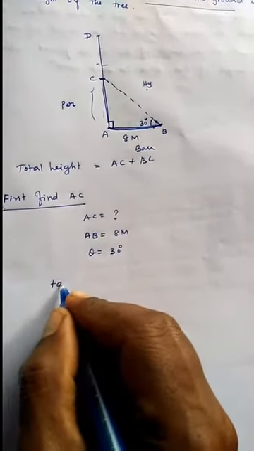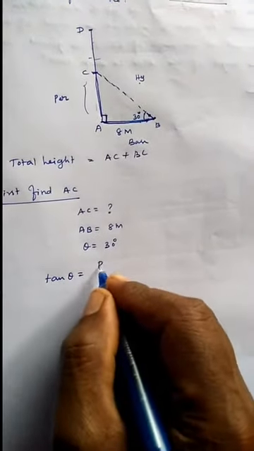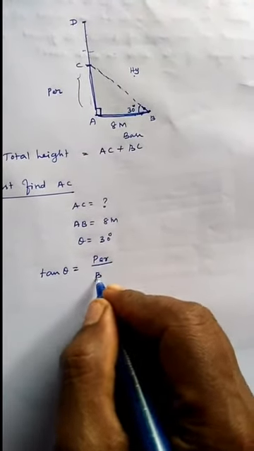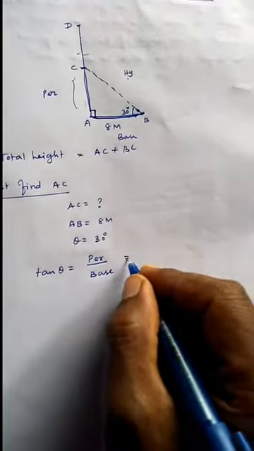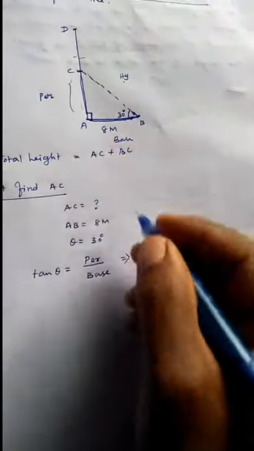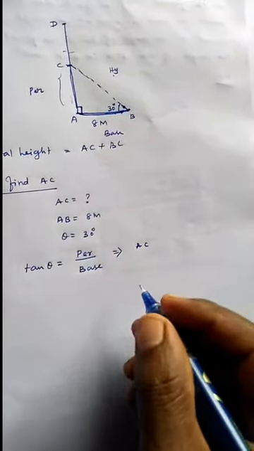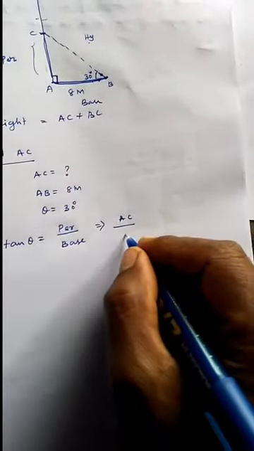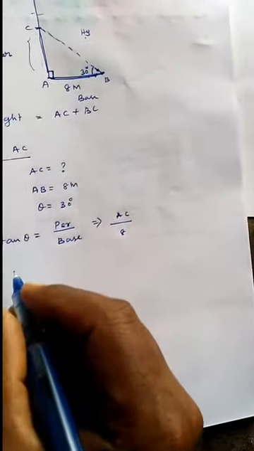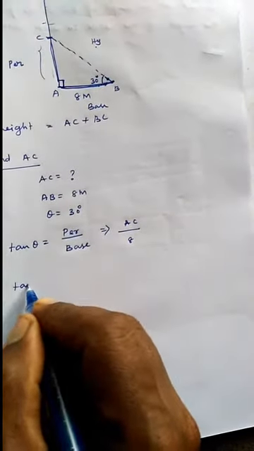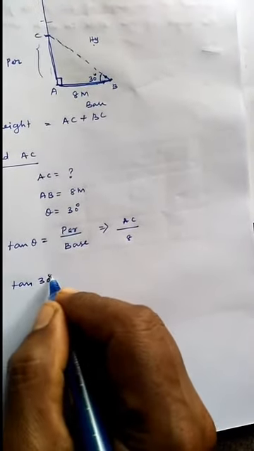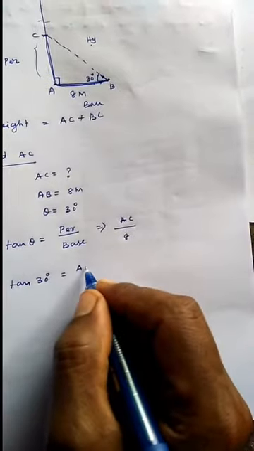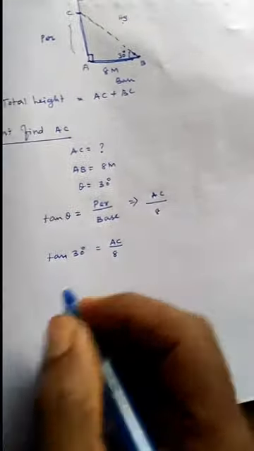Then take tan theta equal to perpendicular by base. So perpendicular AC we have to find out, base is given 8, and tan 30 degree equal to AC by 8.